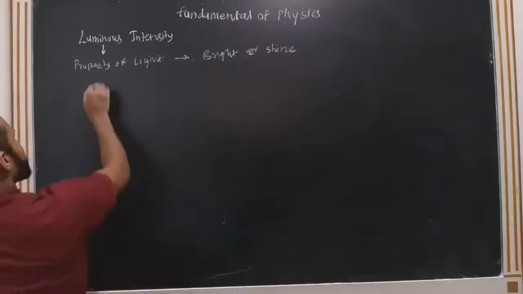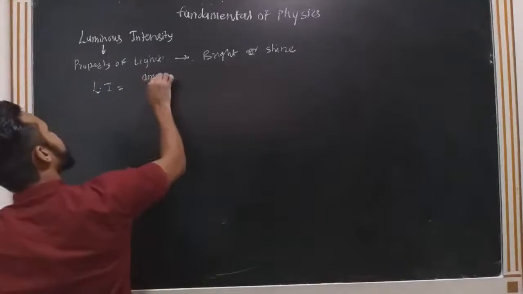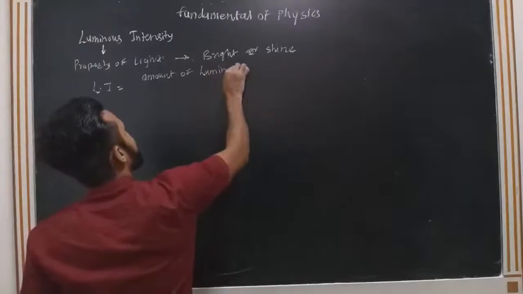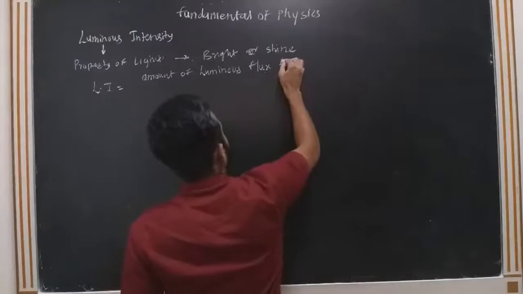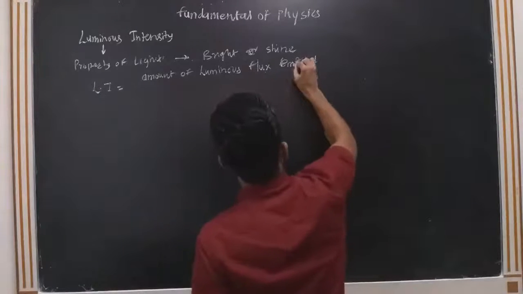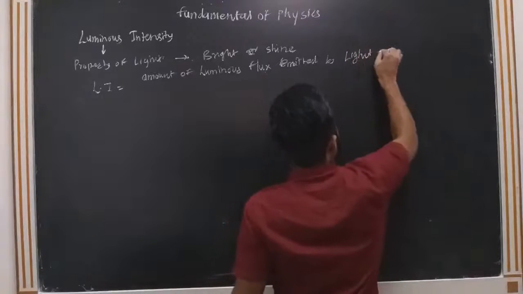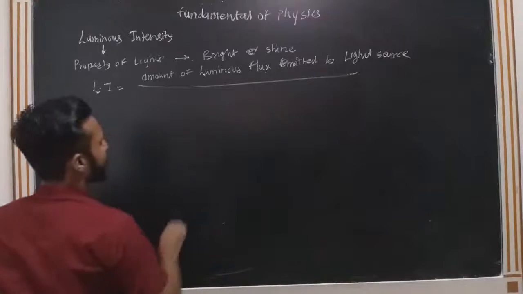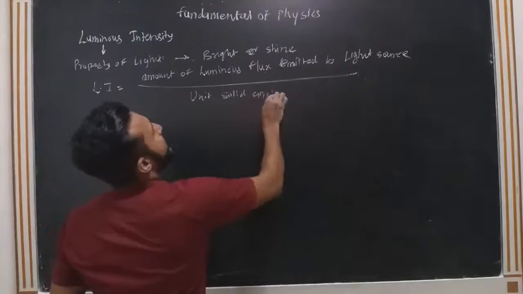So luminous intensity is equal to the amount of luminous flux emitted by the light source per unit solid angle.